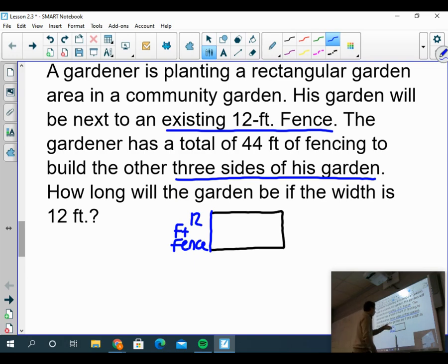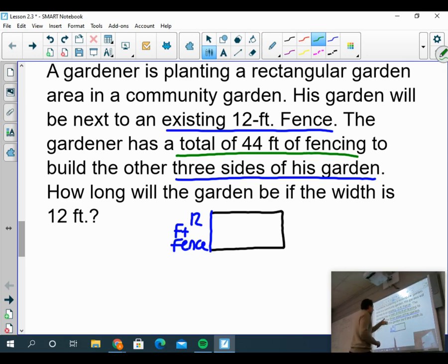Okay, so this is maybe his name's Jim. This is Jim's 12-foot fence. And we are building a rectangular garden, and thanks to our friend Jim, we already have 1 side of the fence. We have a total, let's keep going here, of 44 feet of fencing to build the other 3 sides.